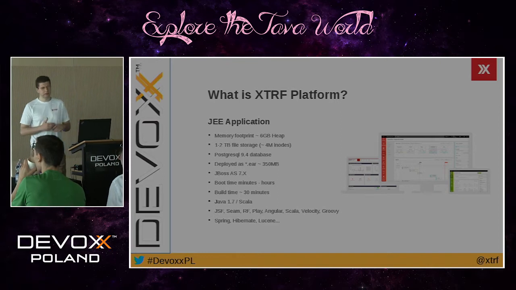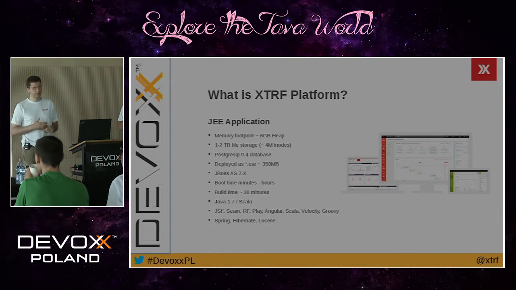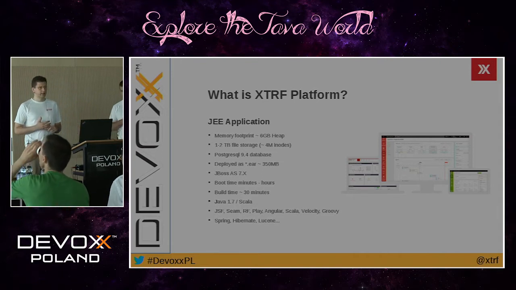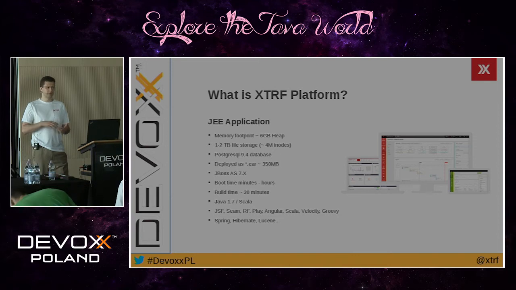There are so many nice talks about microservices nowadays, even today. But if you think Java enterprise, micro is not the very first word that will appear in your head, right? Forget it. If you have some Java experience, most likely you think about big applications that run inside application servers that consume a lot of memory. It takes time to boot them up and shut them down. These are the kinds of problems we deal with on a daily basis while developing Java applications.